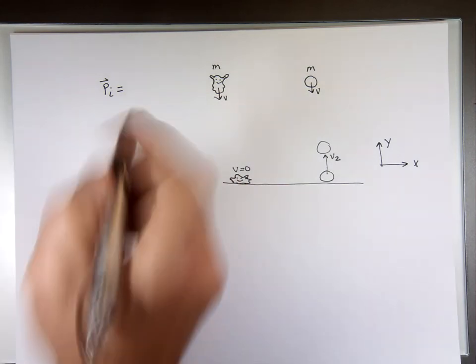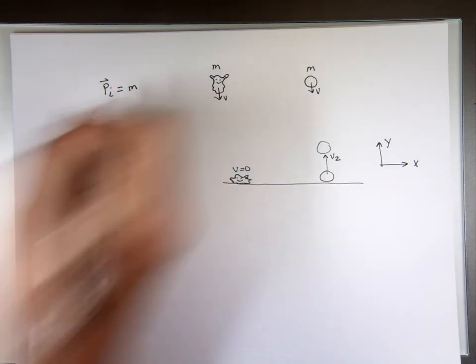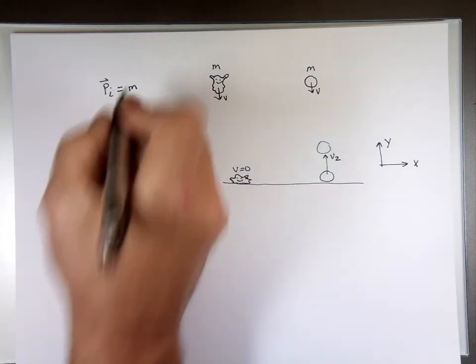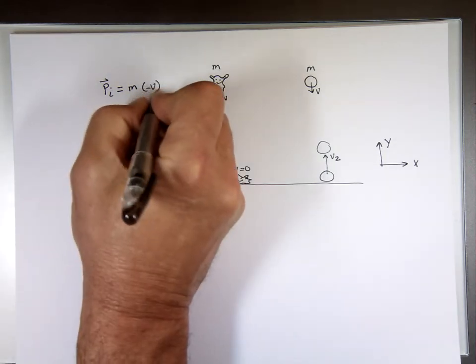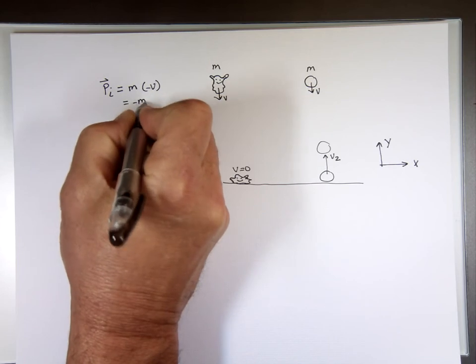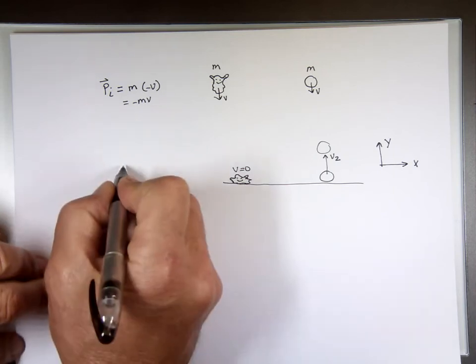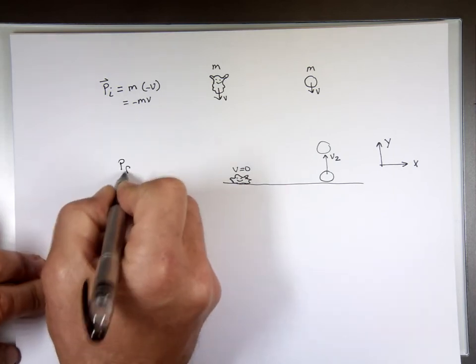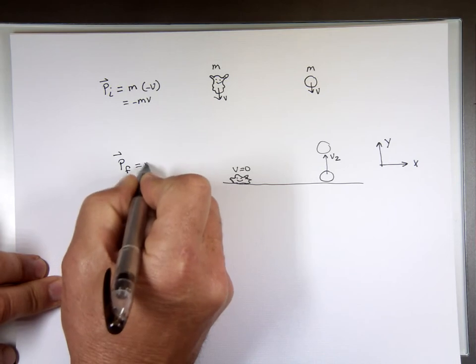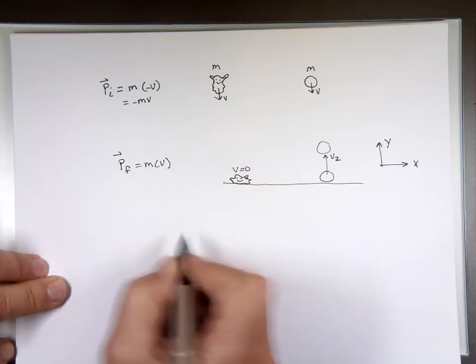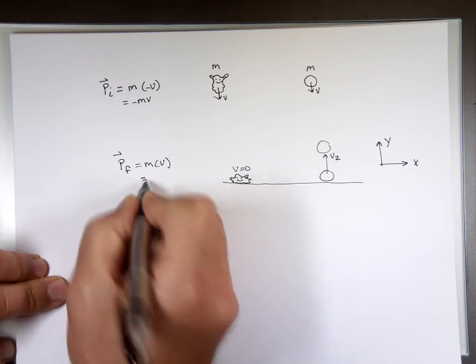The mass times the velocity. In which way was the velocity, up or down? So that's a negative V. What is the final momentum here? It's mass times the velocity. What is the velocity of the bear after it hits the ground? 0.